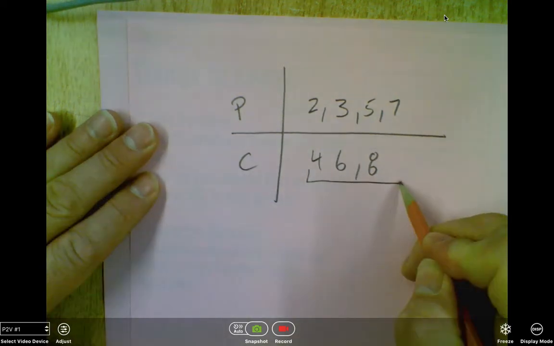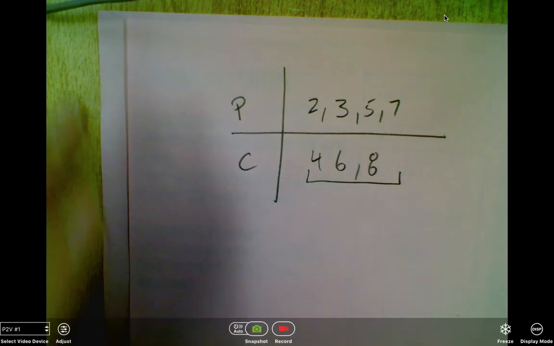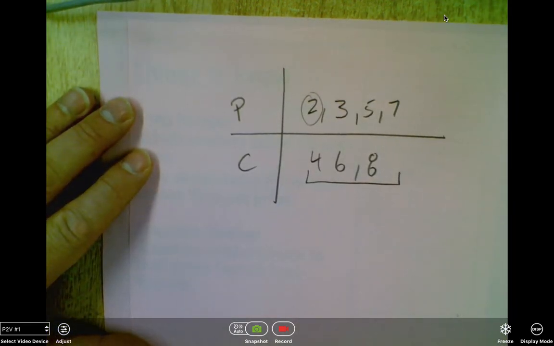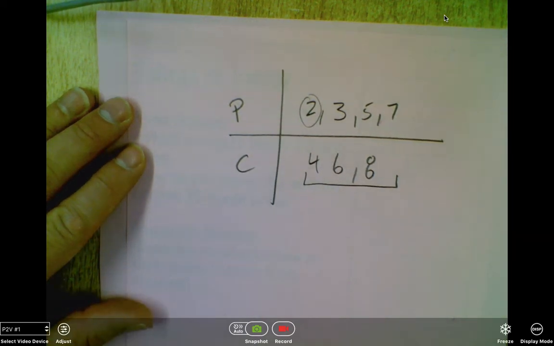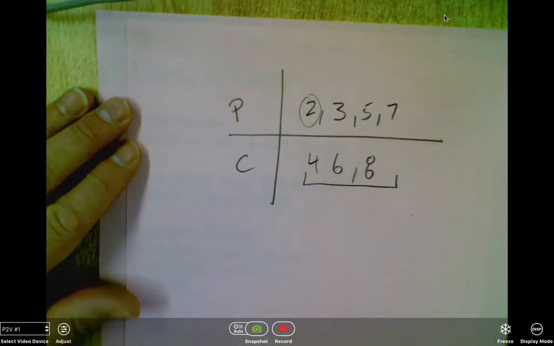So far in this list, you can see that once you get past 2, all of the even numbers are going to be composite. So if you get a number like 1,000,000, right away you know it's a composite number because it's an even number. Anything that is an even number will end up being composite.